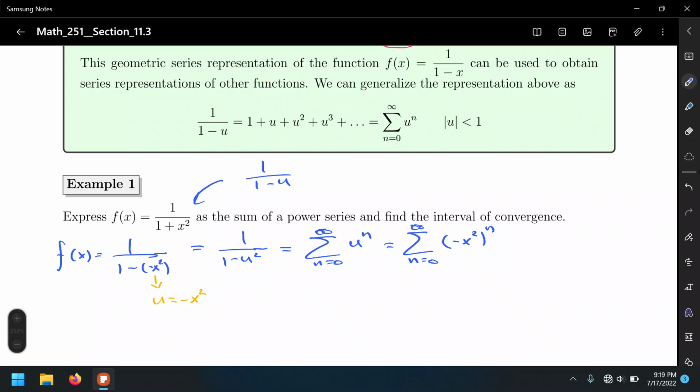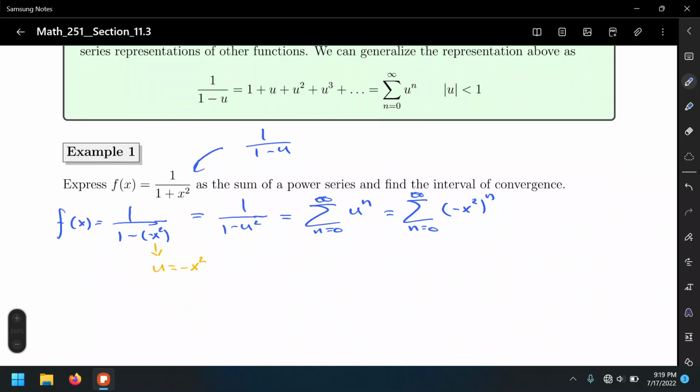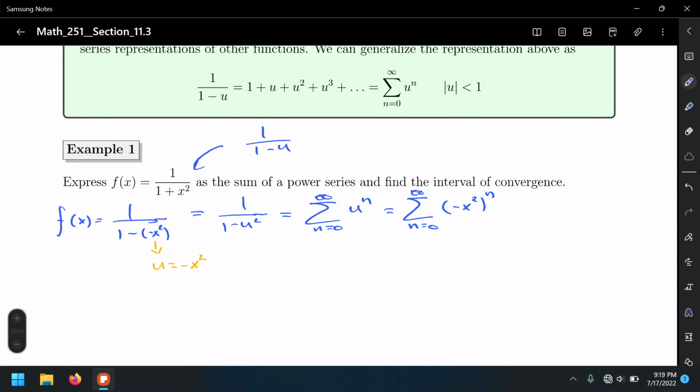Of course, whenever you obtain a power series like this, it's important to simplify it. Notice we have a negative 1 multiplying the x squared.